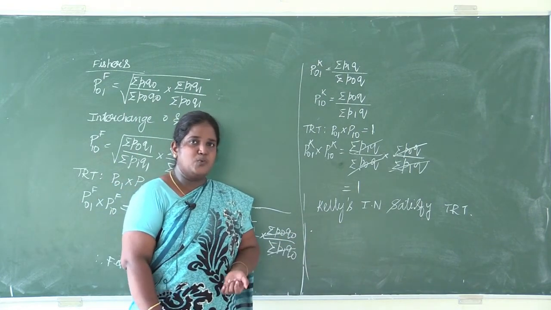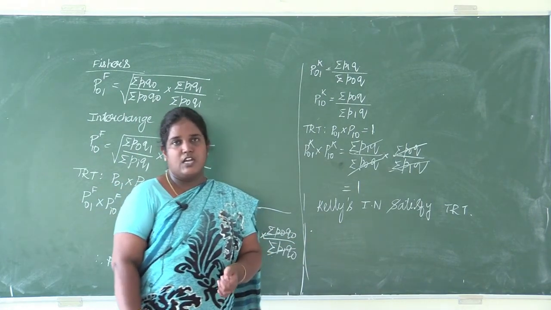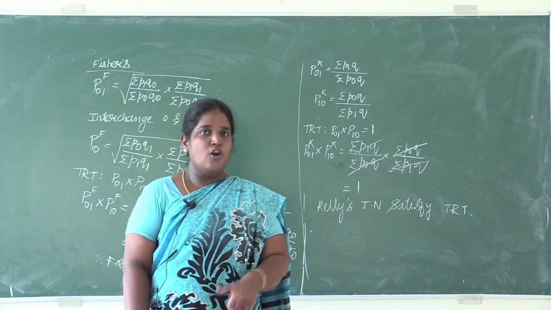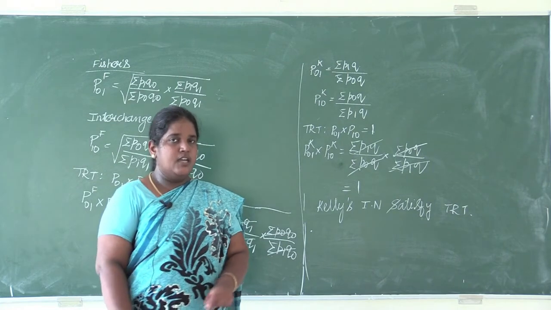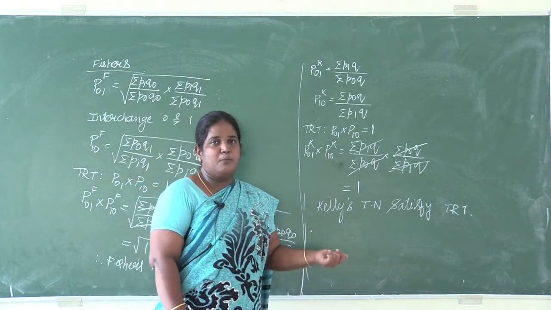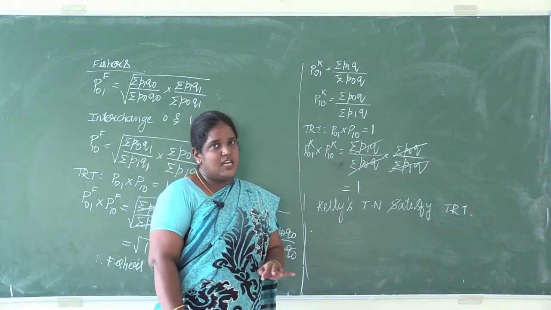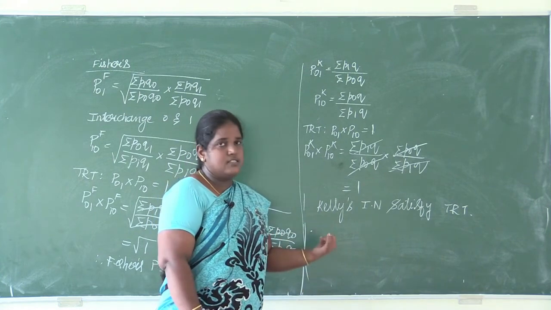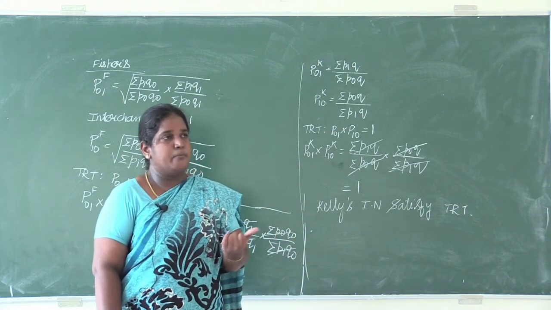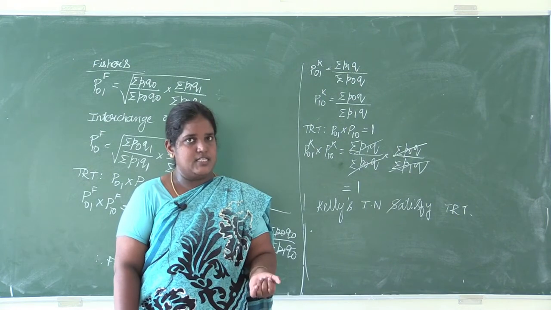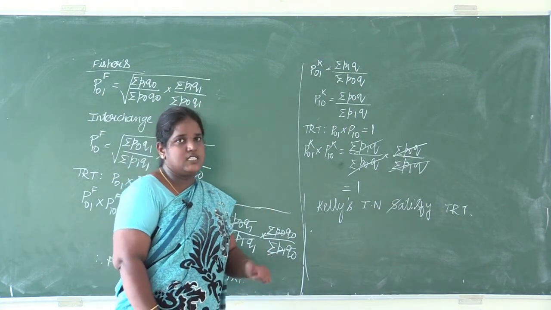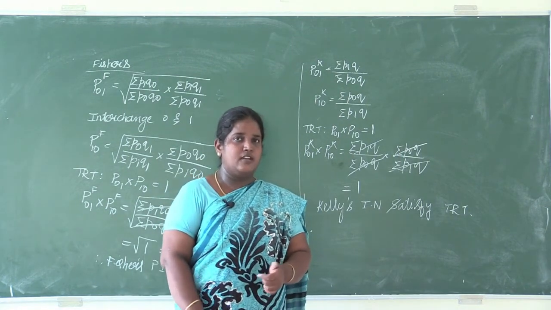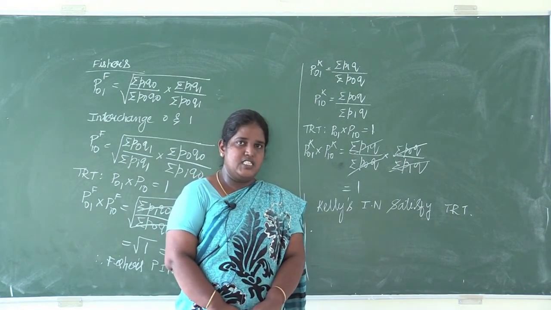Again, in 1 mark it can be asked: name the index number which satisfies time reversal test, or name the index number which does not satisfy time reversal test. Both can be asked. The index numbers which satisfy time reversal test are Fisher's, Marshall-Edgeworth and Cayley's, and the index numbers which do not satisfy time reversal test are Laspeyres, Paasche and Darvish-Pauli's.